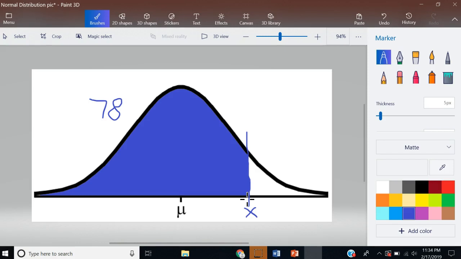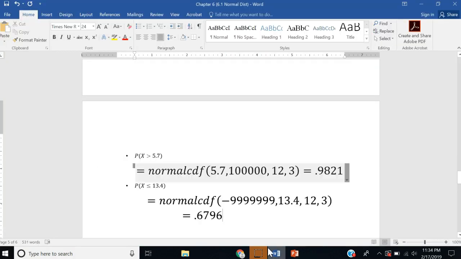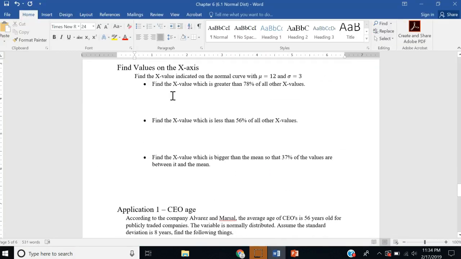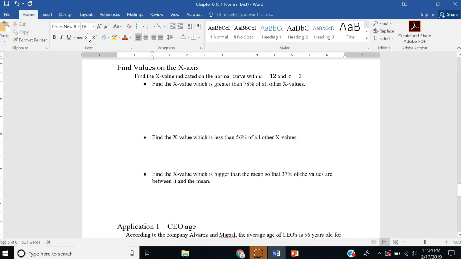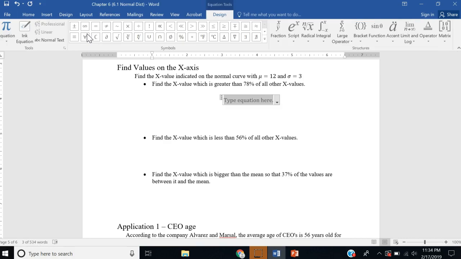Now, as far as inverse norm goes, remember we're always using the area to the left. So when I go to type this in, I draw my picture. And I would say this is inverse norm.